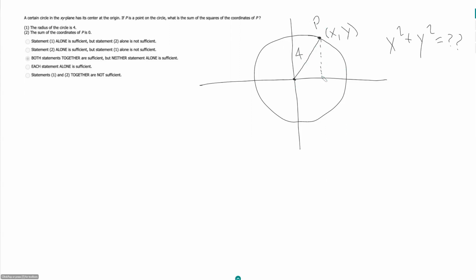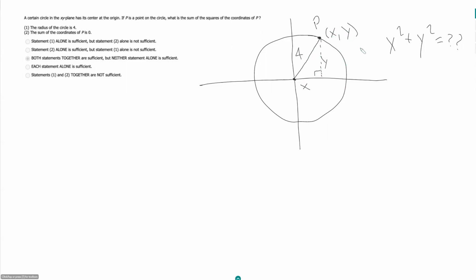draw a line straight down from P, that would form a right triangle with the x-axis. And what would the legs of my triangle be? So this leg here would have a length of x, my x coordinate, and the height of my triangle would have a length of y.